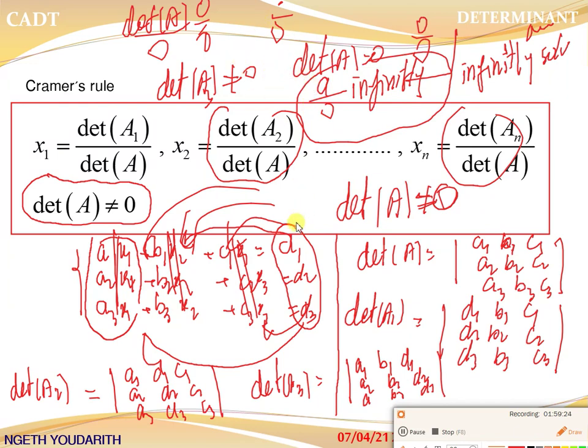It means inconsistent. If all are 0, it means consistent and has infinitely many solutions in this case.